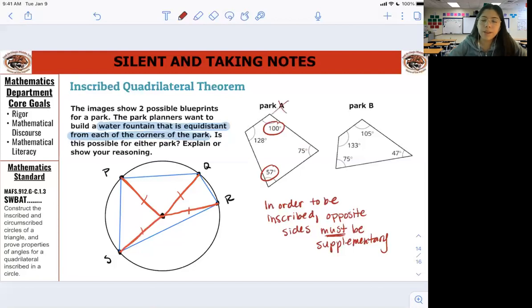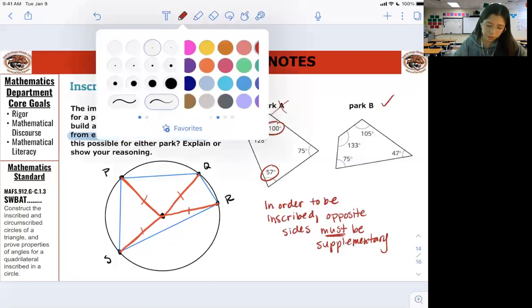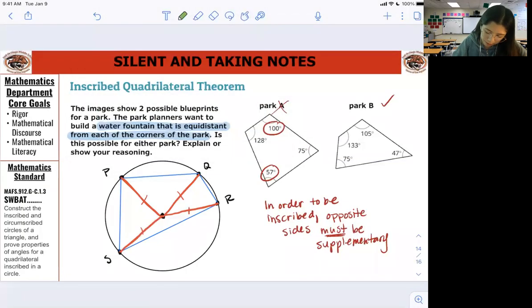Is Park B an inscribed quadrilateral? Yes. Okay, good. So Park B does work out. Let's see if we can actually get it to fit inside of a circle.